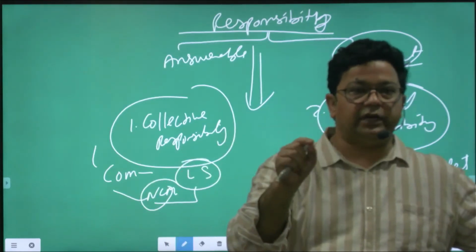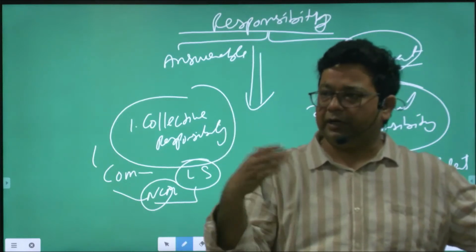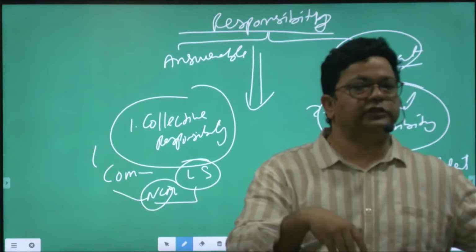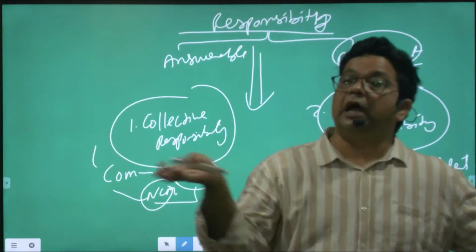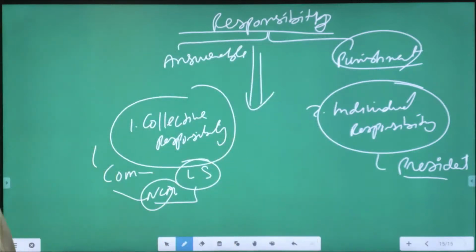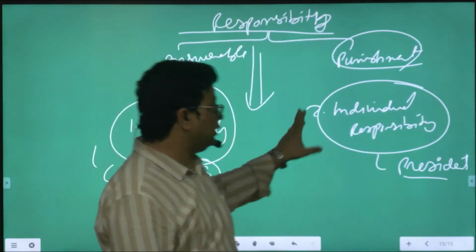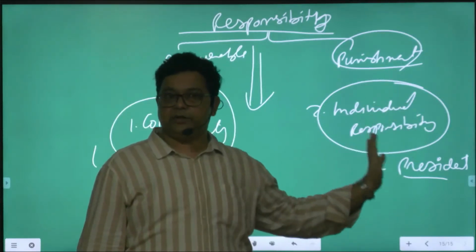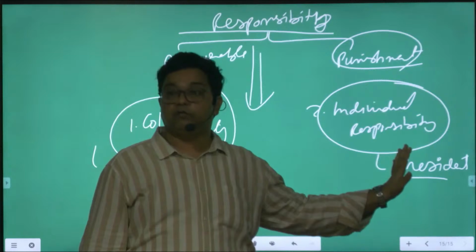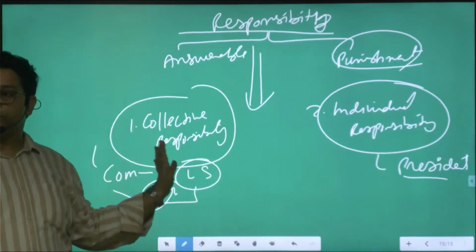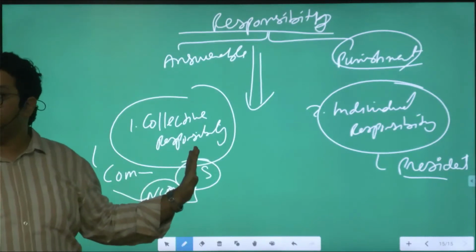Sometimes it is done that one cabinet portfolio is given to one person, and after a year or 2 years, that person may be removed from the cabinet and another person may be given charge of that department, right? It means if an individual is removed from his ministry, the government will not fall, the government will continue. But removal of the council of ministers from office means the government falls.